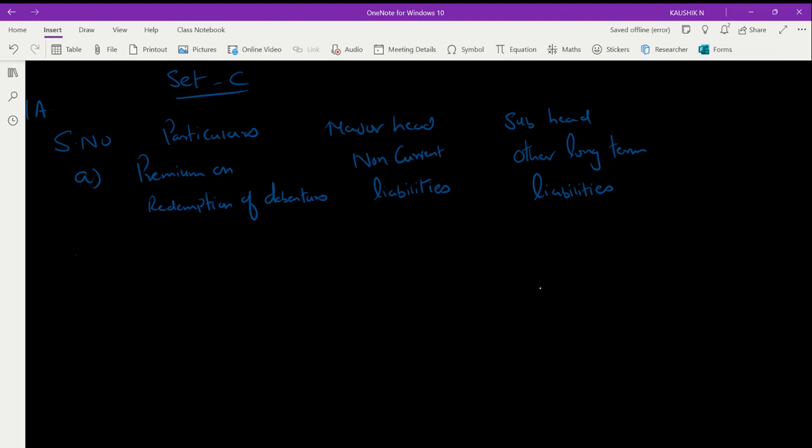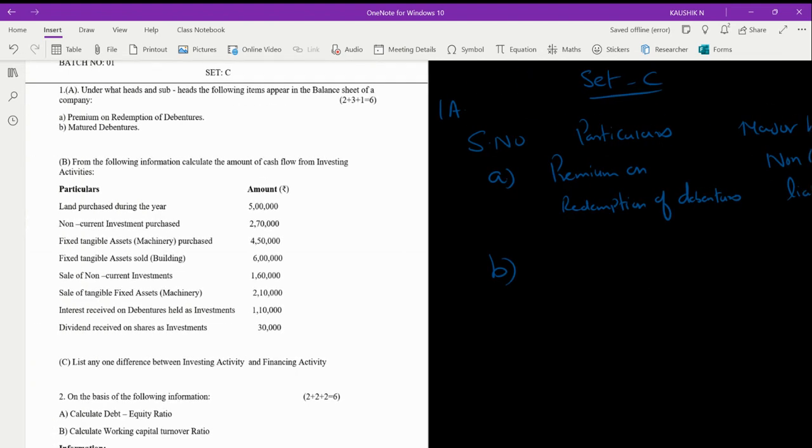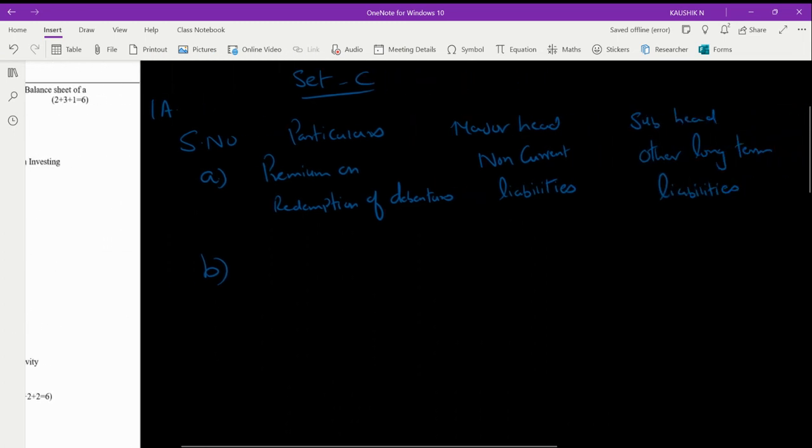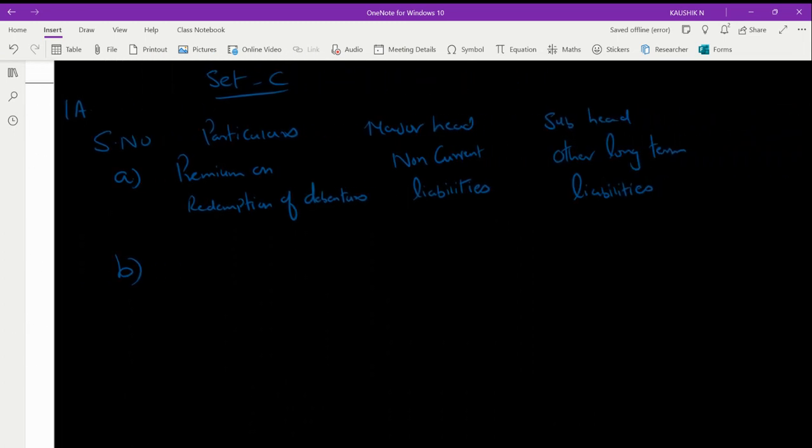Now, the second question they've asked. The second item they asked is matured debentures. Your answer will be current liabilities.